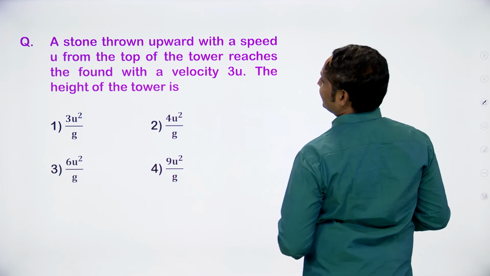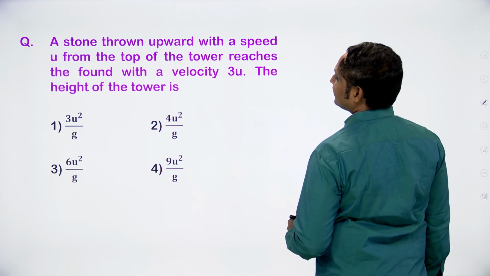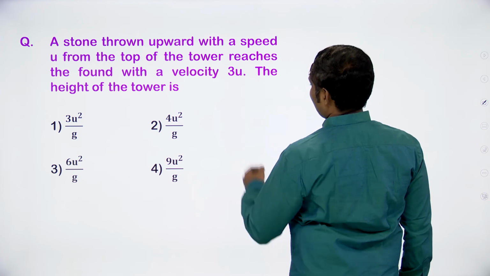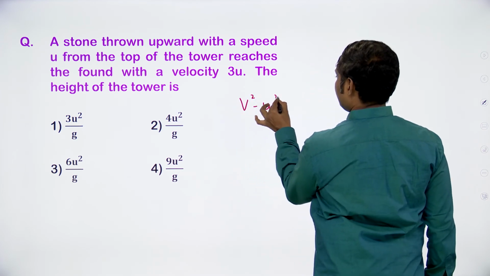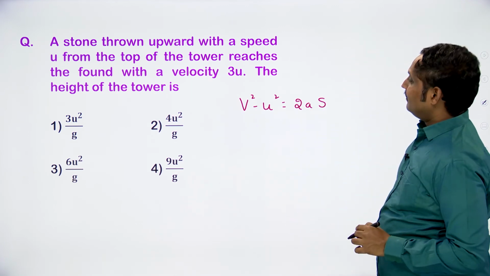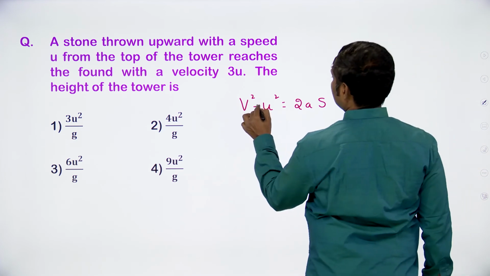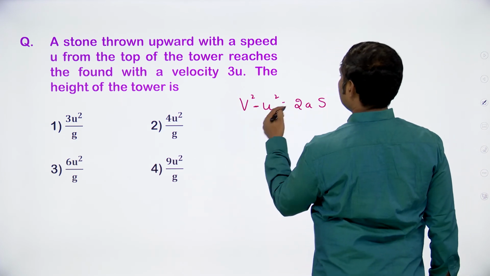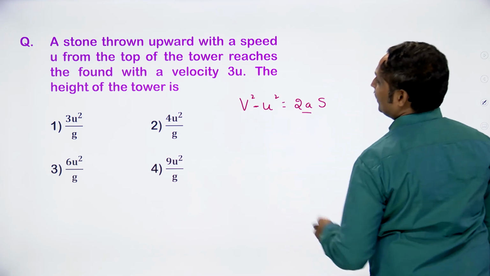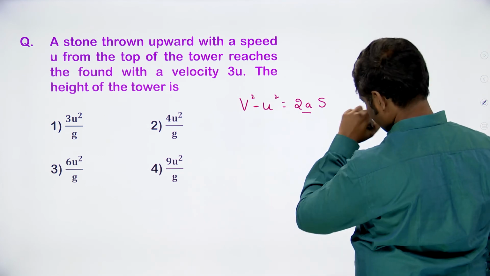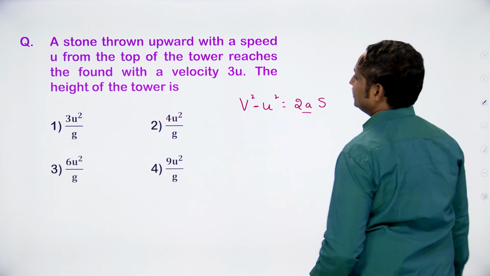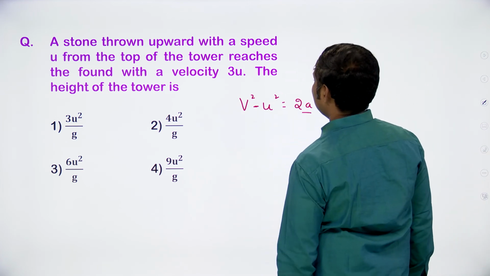Right, you will take that. You have to apply that v square minus u square is equal to 2as, it is very clear. Let us assume a ball is thrown upward with a speed of u from the tower, and when it reaches the ground, it is found to have a velocity.